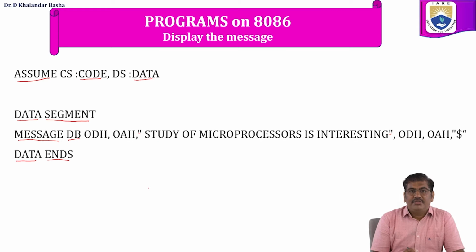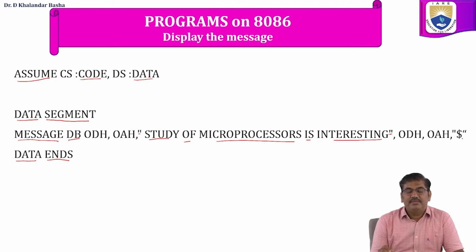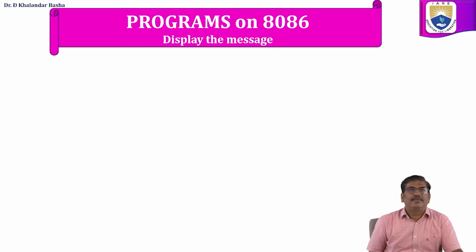So we are going to display: the study of microprocessors is interesting. Then the delimiters 0DH and 0H, followed by the dollar symbol. This is the format for writing a message in the data segment.